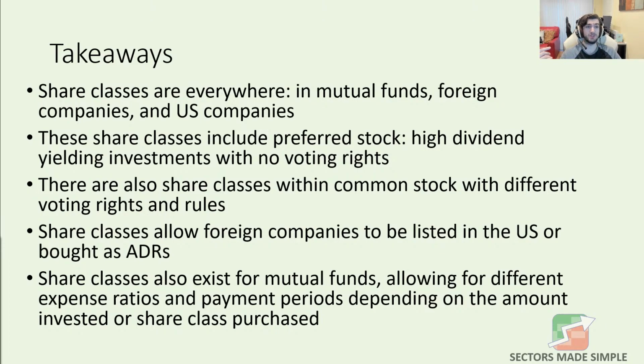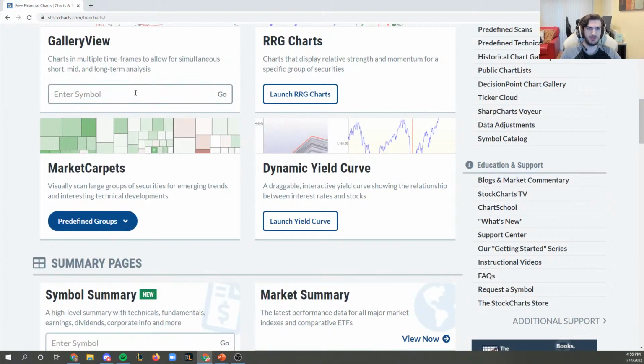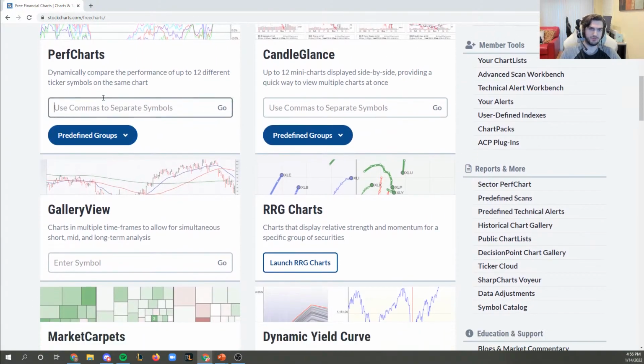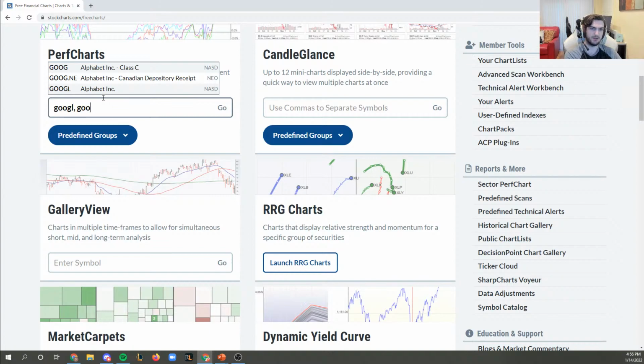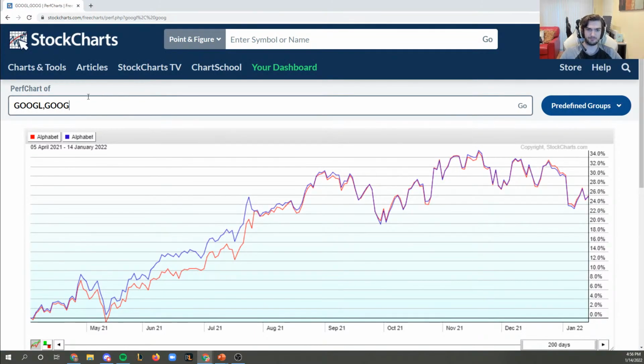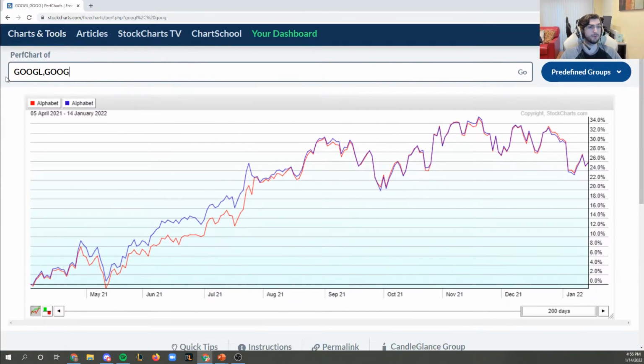Before we break for the evening and for the weekend, there's one thing I want to show you all. If we go in and we look at a perf chart between GOOGL and GOOG. These are their prices. Same, different.